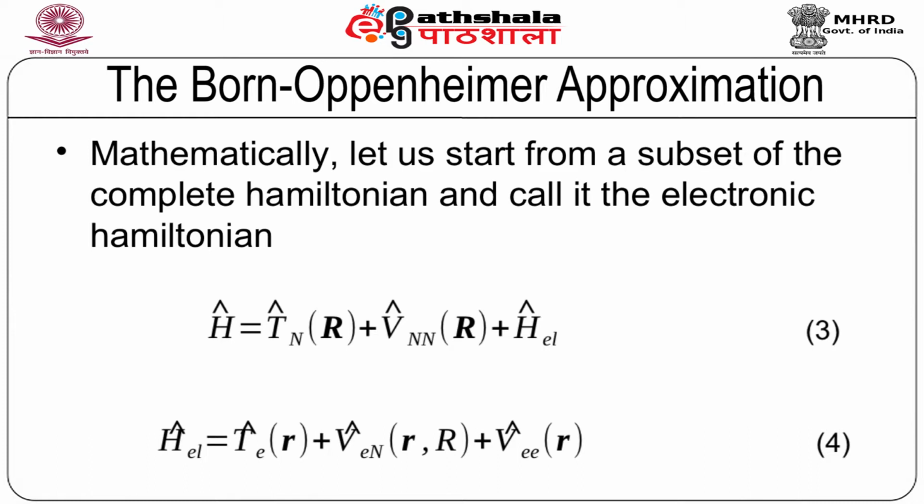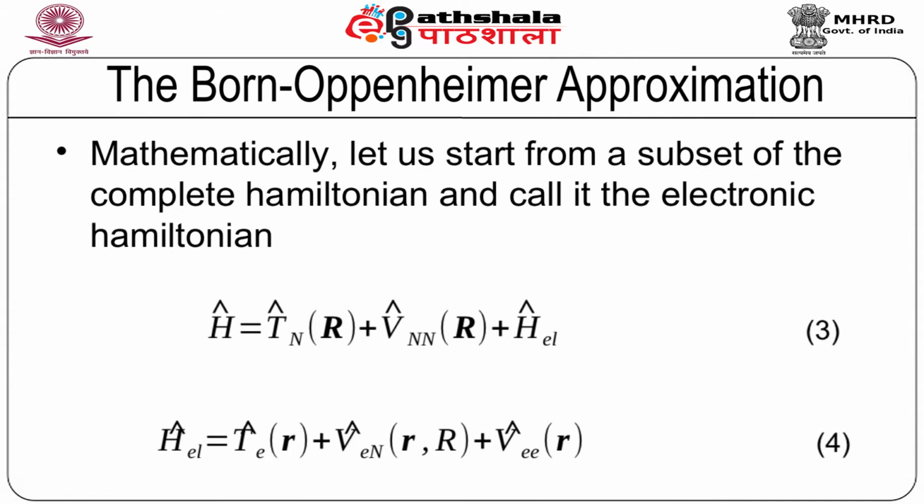So in this equation, we have the electronic Hamiltonian designated as H_el, that is equal to T_e(r), that is the kinetic energy operator for the electrons, plus V_en(r,R), that is the potential energy operator for electron-nuclei interaction, plus V_ee(r), that is the potential energy operator for electron-electron interaction.